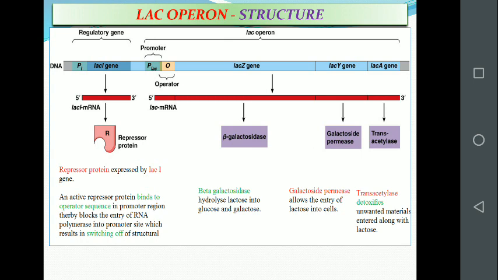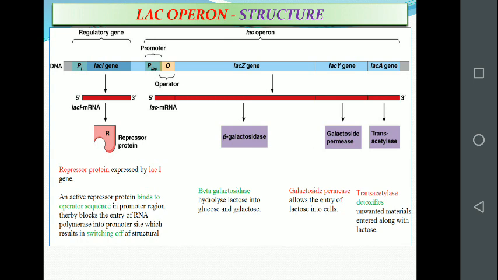That means the complex of repressor with its inducer molecule is an inactive complex. So the repressor becomes inactive by the binding of the inducer molecule, and because it is inactive, it cannot bind the operator site.